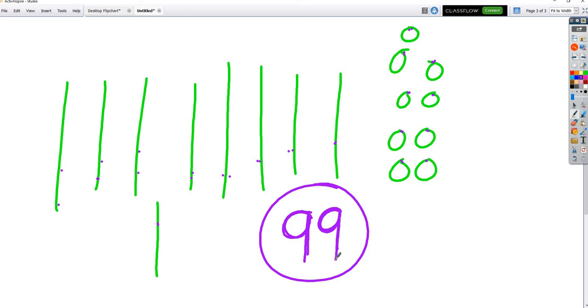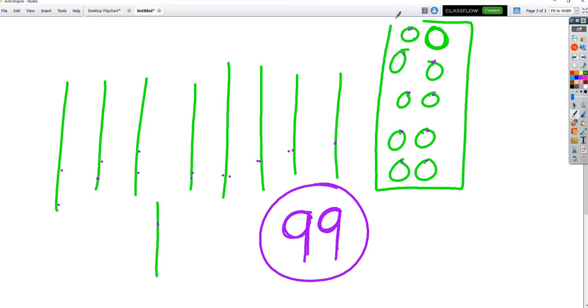If I add just one more ones block, just one more, it changes that number into a 3-digit number because of this. I now have 1, 2, 3, 4, 5, 6, 7, 8, 9, 10. And remember, anytime I have 10, I have to turn it into another one of these.